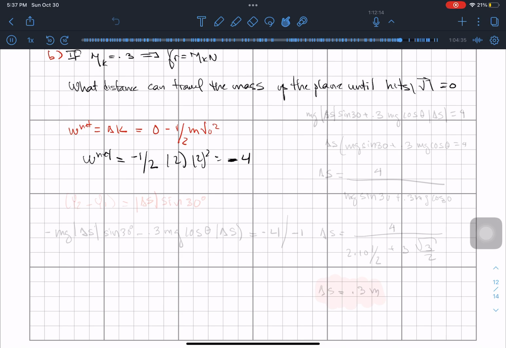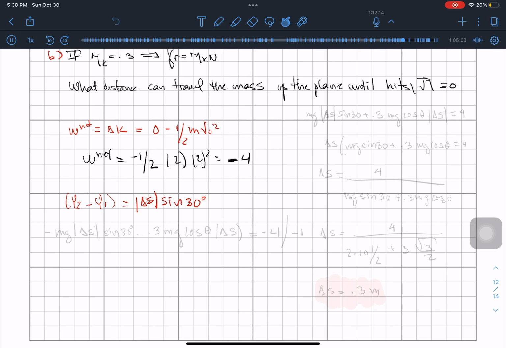Now, we know that y minus y1 is going to be equal to the displacement times sine of 30 degrees, which is the angle formed by the inclined plane.